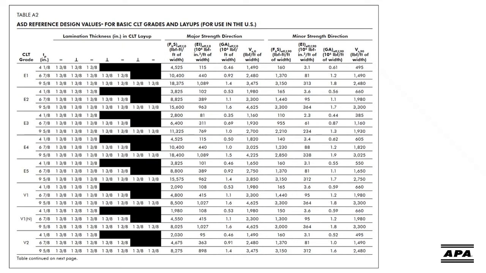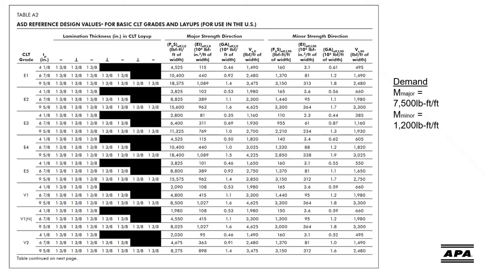Let's do a quick, simplistic design example to show how the table can be used. Let's say I'm designing a CLT floor slab either through hand calculation or modeling, and I calculate that I have a demand of 7,500 pound-feet per foot in the major strength direction and 1,200 pound-feet per foot in the minor strength direction.